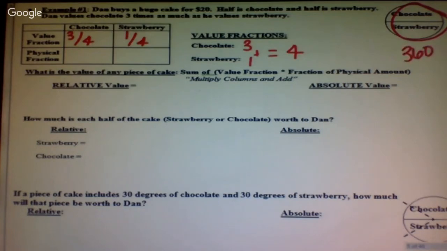Okay, if this entire thing is 360 and I'm splitting it between 2 flavors, chocolate and strawberry, 180. So that means each part, each physical fraction is going to be out of 180. There's 180 degrees available.